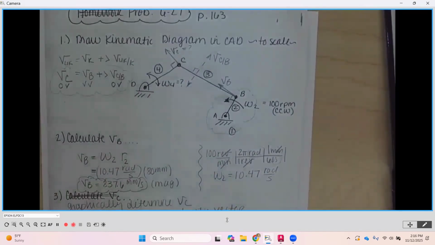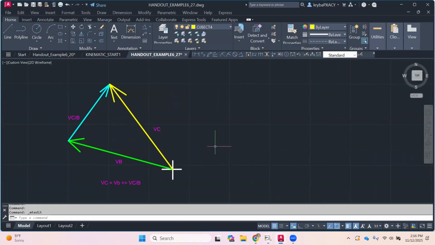So velocity of C is the one I need to know. So I'm going to change this to my notes layer, and I am going to put an aligned dimension on here, endpoint to endpoint, and you should get 815.02-ish.